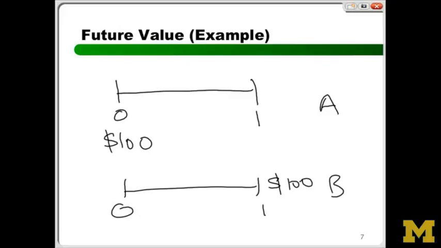Now, this is where even the popular financial press screws up, and you won't believe it, but it's true. What we do in our head is we intuitively recognize that just the passage of time has an effect on the value of the money we are talking about.